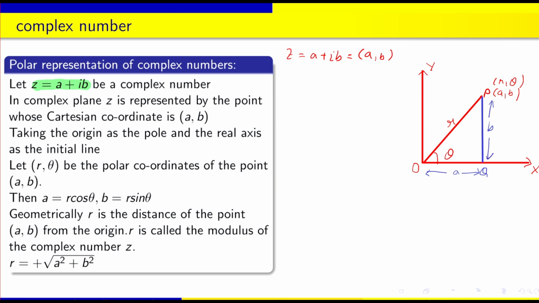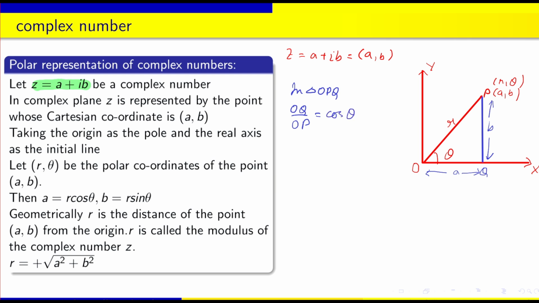Now in triangle OPQ, OQ by OP is equal to cos theta. Base by hypotenuse is equal to cos theta.